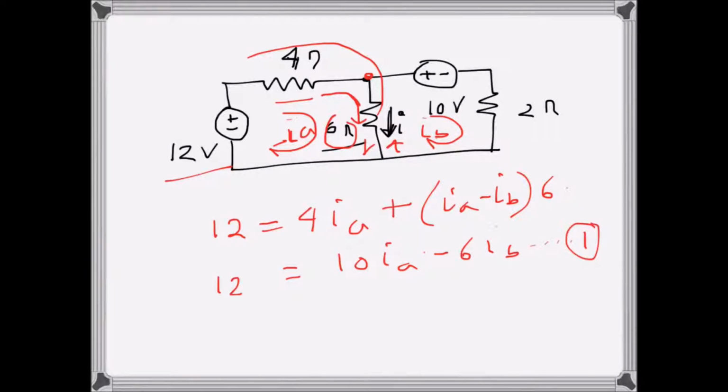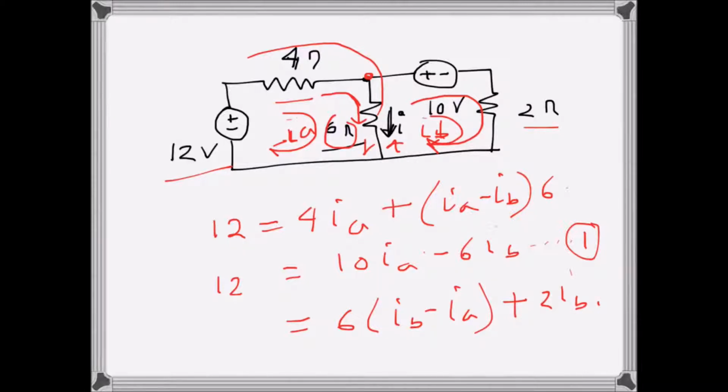And then if I write KVL for the other mesh, this one with IB, the counterclockwise current, the voltage drop across the 6 ohms is 6 times IB minus IA in this case, and then the voltage drop across the 2 ohm resistor will be 2 IB.